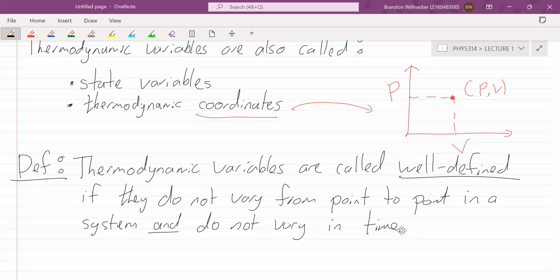Okay, so if that's the case, then we call the thermodynamic variable well-defined.